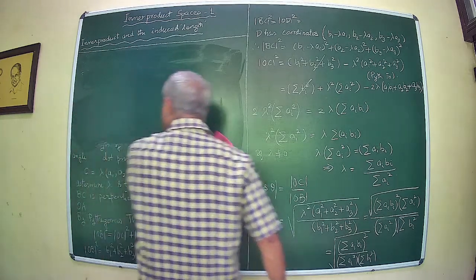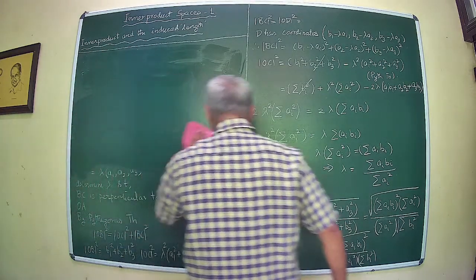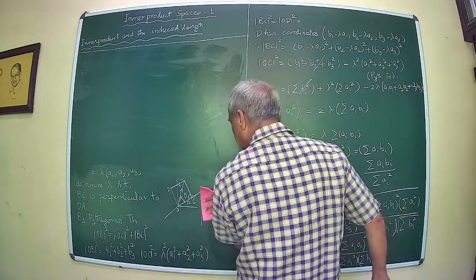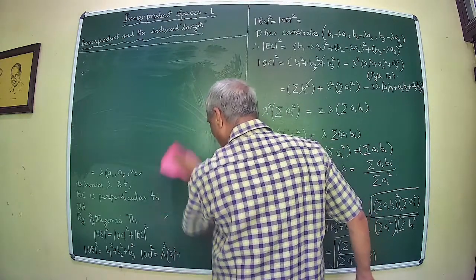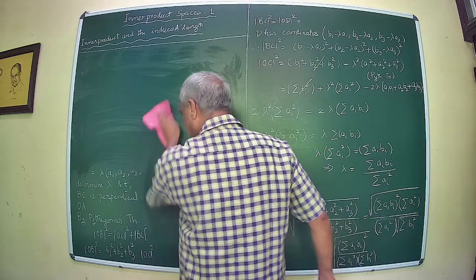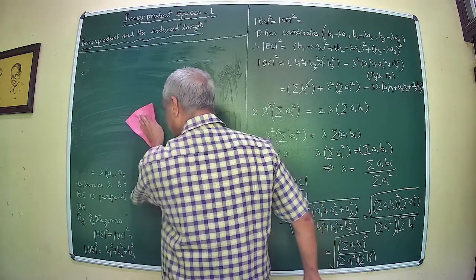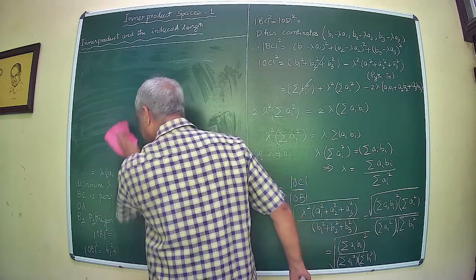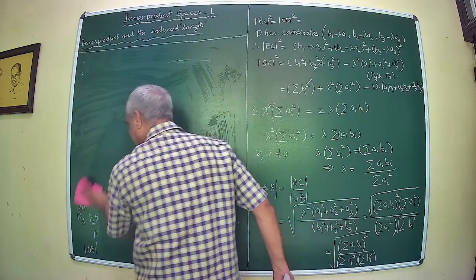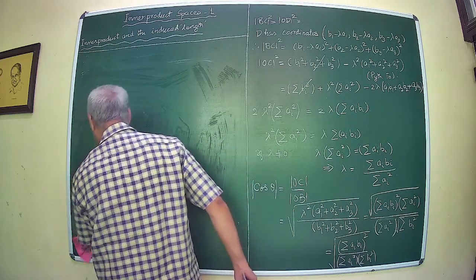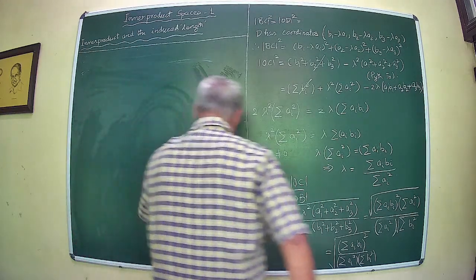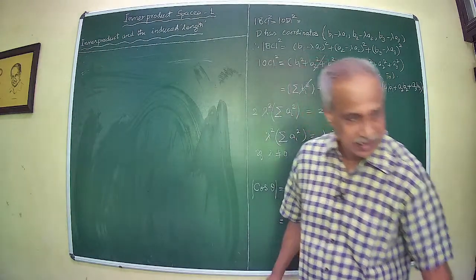I have not used the dot product at all in this calculation. I have simply used certain knowledge that we have from vectors about the length of vectors and just computed the cosine of the angle between these two vectors through this formula.